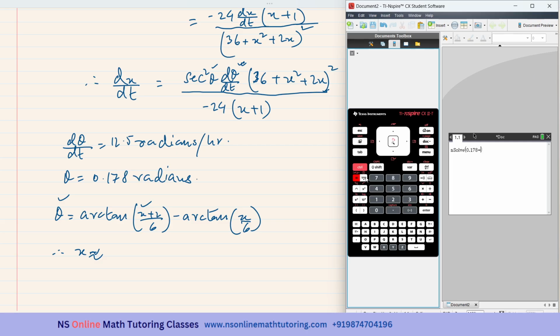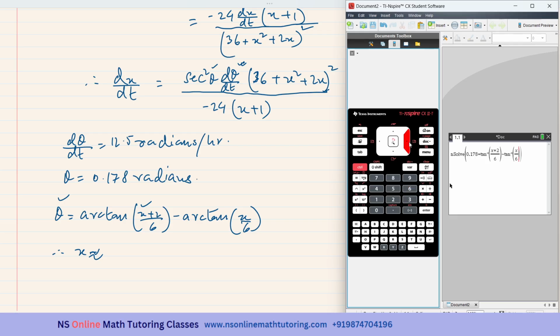arctan, tan inverse of (x plus 2) over 6, minus arctan, tan inverse of x over 6, okay?